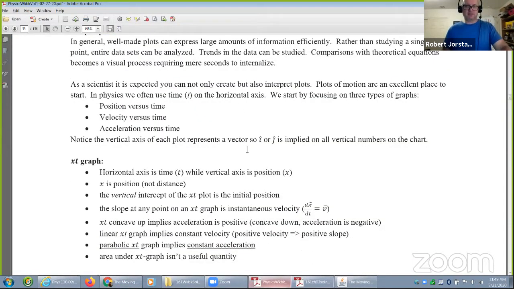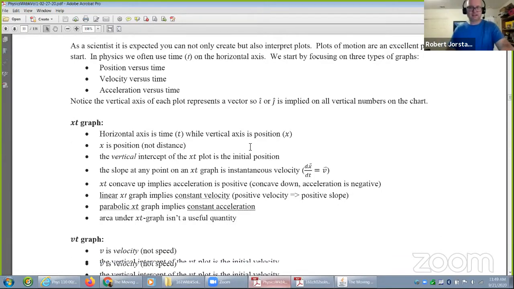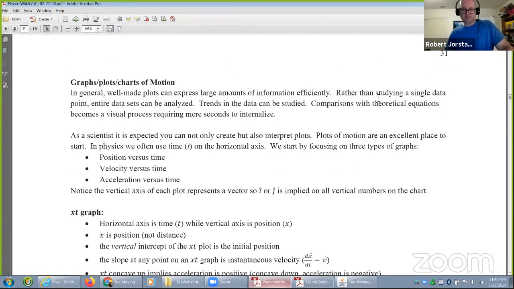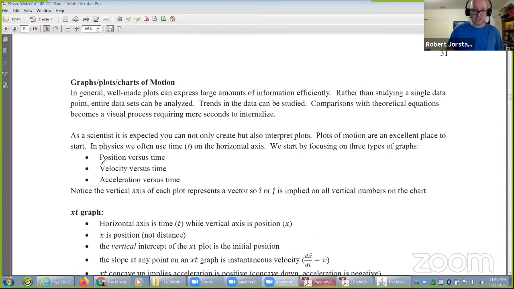So now that you have this on your screen, the idea is this. To be clear, the name of these graphs are going to be position versus time, not distance, position. Velocity versus time, not speed, and acceleration as opposed to acceleration magnitude. Again, I do want to stress position is a vector.